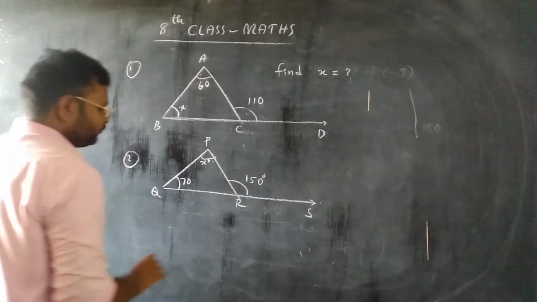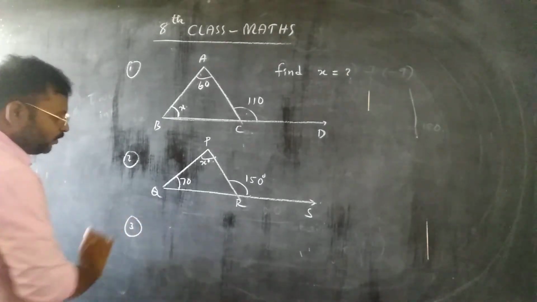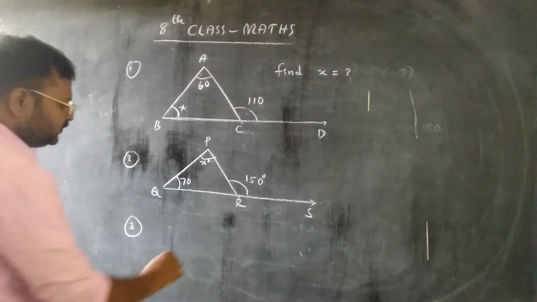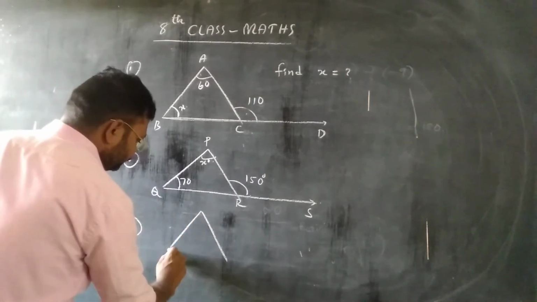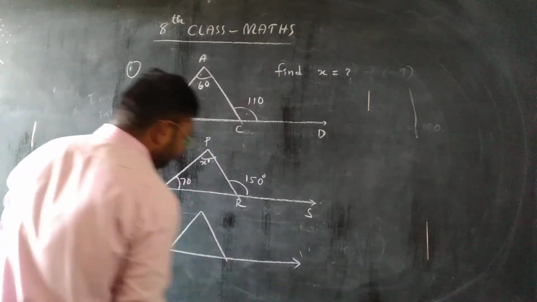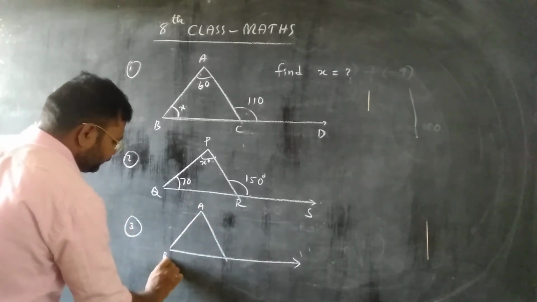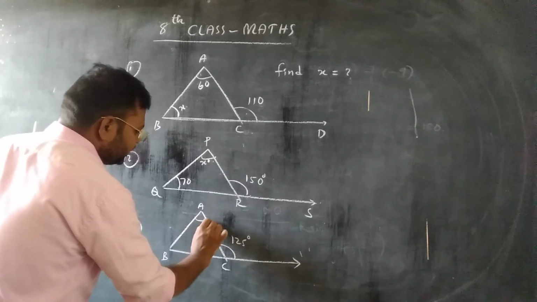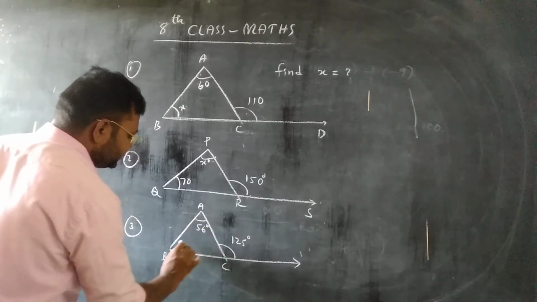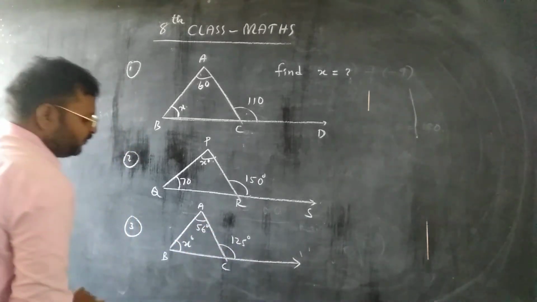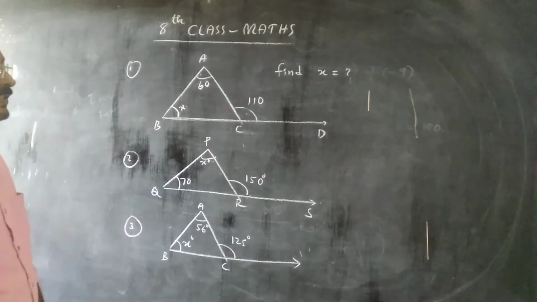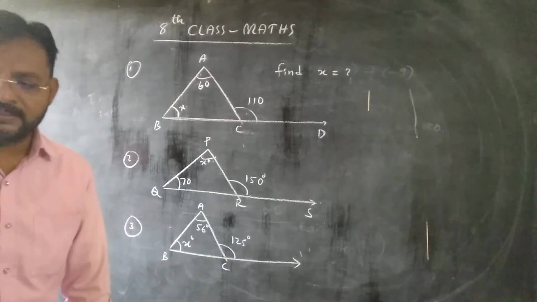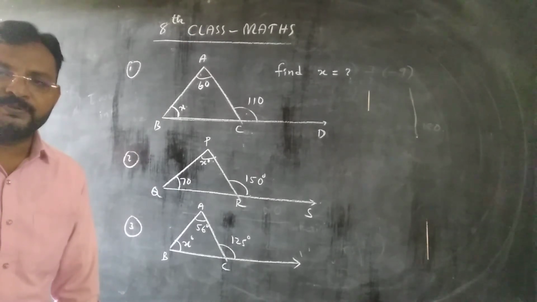Find x here. And third problem, for example, take a triangle ABC and here you write 125 degrees, with 56 degrees, and here I am going to give x degrees. Find x here. Will you work out these three problems? Yes, I hope you do.